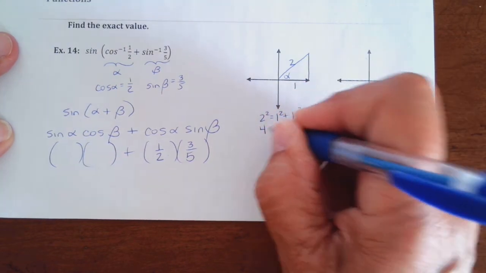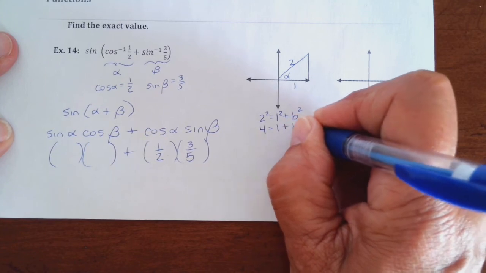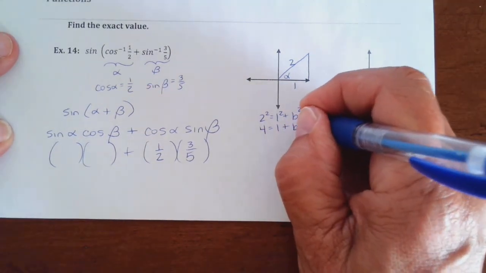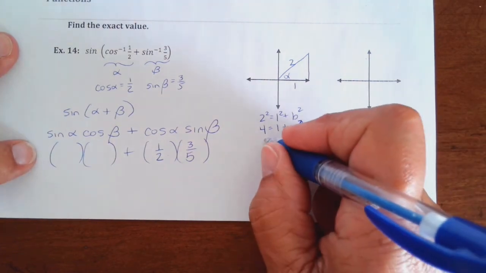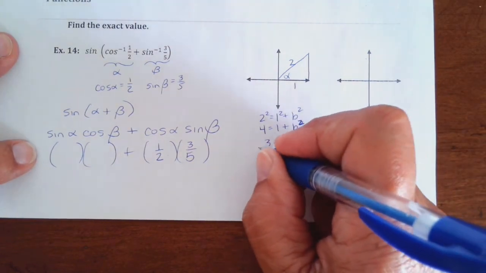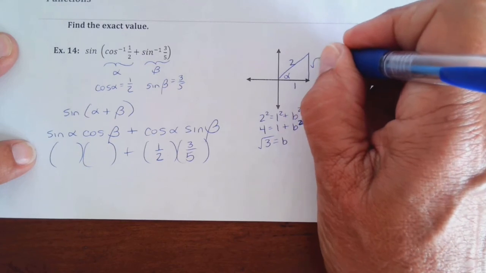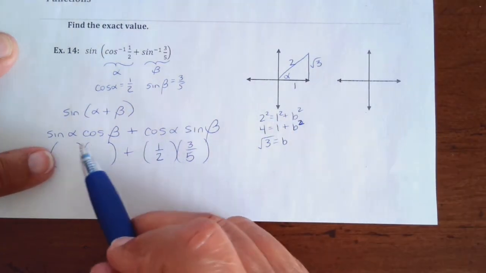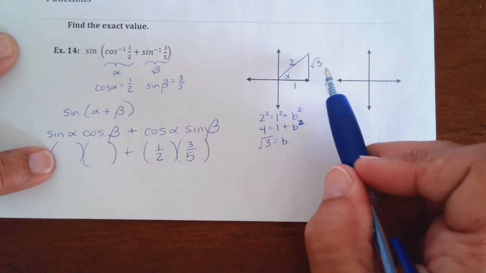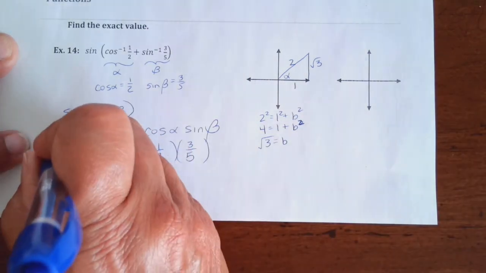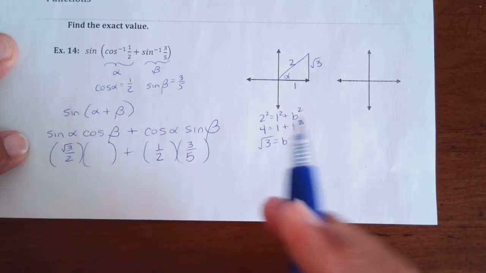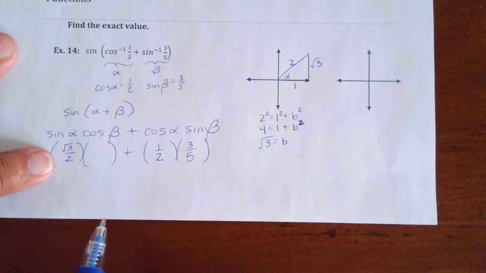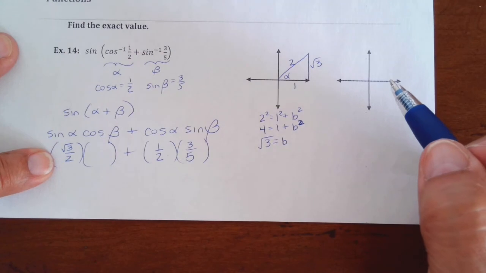So we get 4, 1, and we end up with b being the square root of 3. Now I need the sine of alpha, so opposite over hypotenuse. That's the square root of 3 over 2. That's why I said that one is on the unit circle, but we just use it the same way.